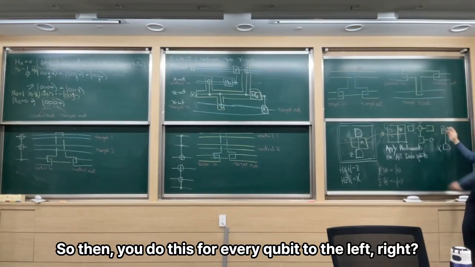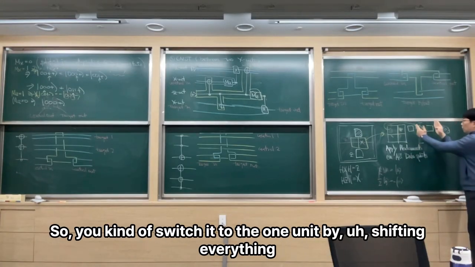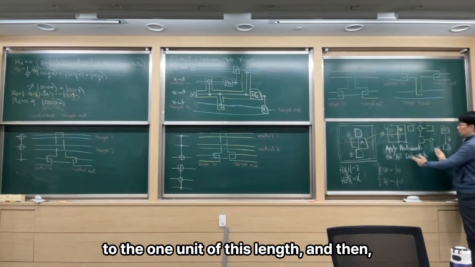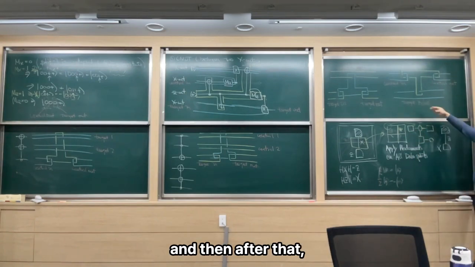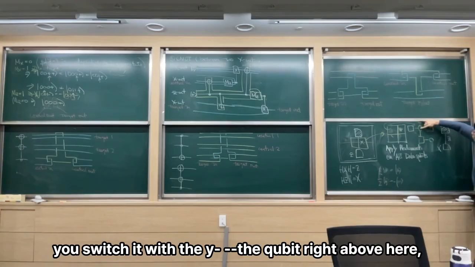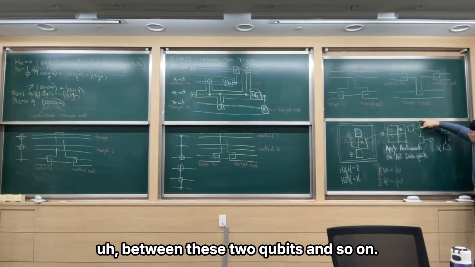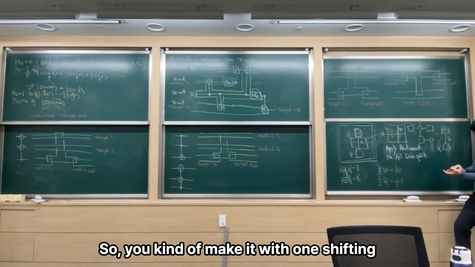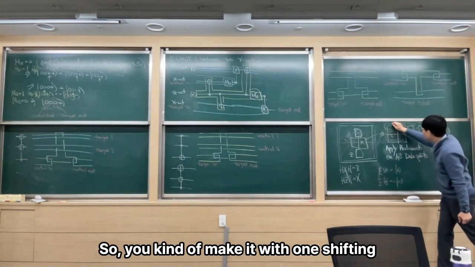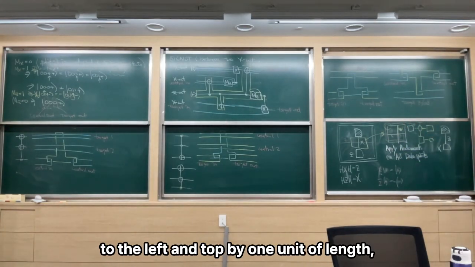And then you do this for every qubit to the left, right? So you switch it by one unit, shifting everything by one unit of this length. And then after that, you switch it with the qubit right above here. So you just switch the information between these two qubits and so on. So you make one shift to the left and top by one unit of length.